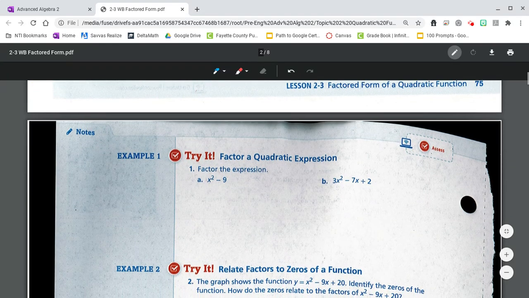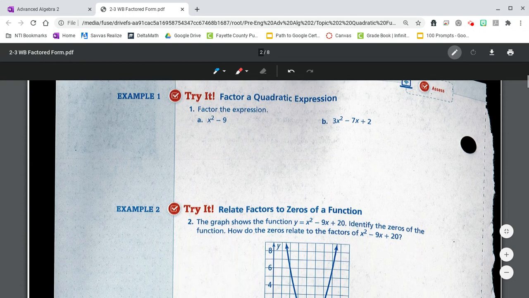So first of all, I said we're going to talk about how you can use factoring to solve equations. So let's review some factoring here. On example 1, where we have to factor the expression, I see that there are two terms. Since there are two terms, I'm going to see if this is a special case. And I notice that x squared is a perfect square, and 9 is also a perfect square.